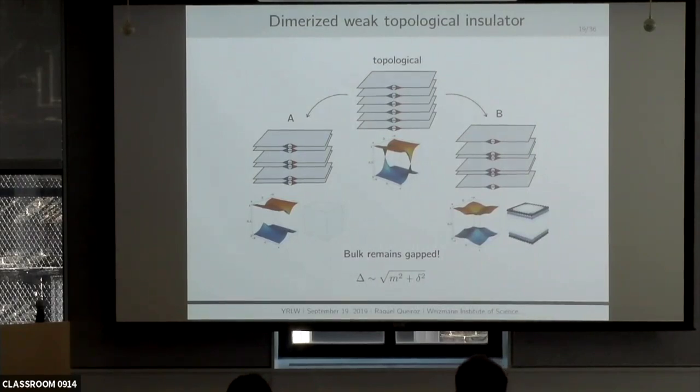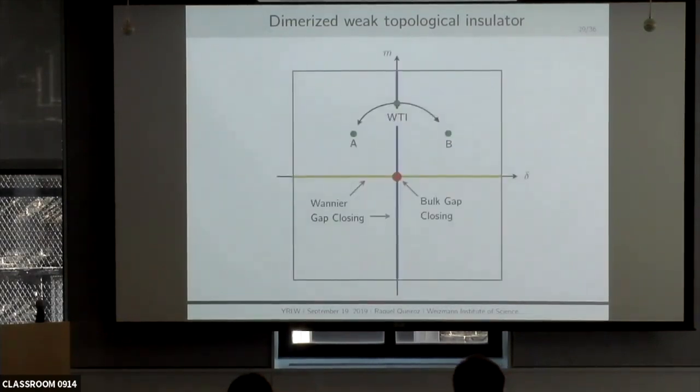So in this case, you can always calculate just the surface spectrum, and you will find that it has a topological invariant. It's the same thing if you calculate the Wannier spectrum. So when you look at a phase diagram of such systems, these two different phases are separated instead of being separated by a proper bulk phase transition, which is what we expect for a proper bulk topological phase.